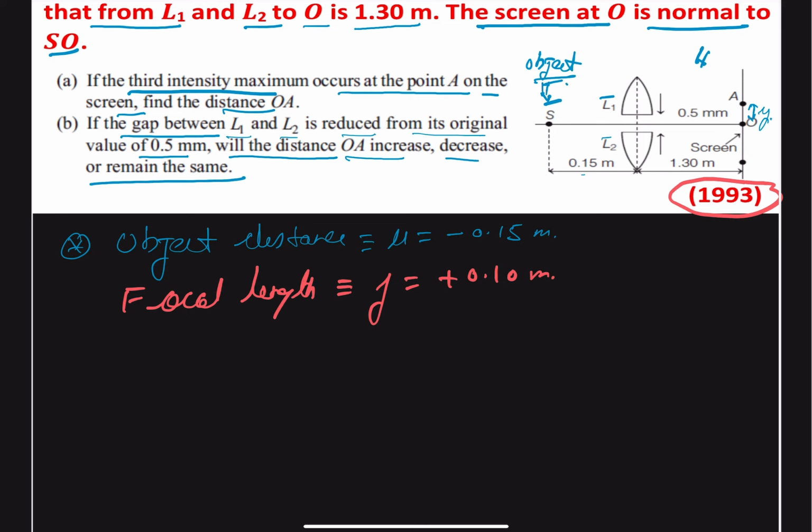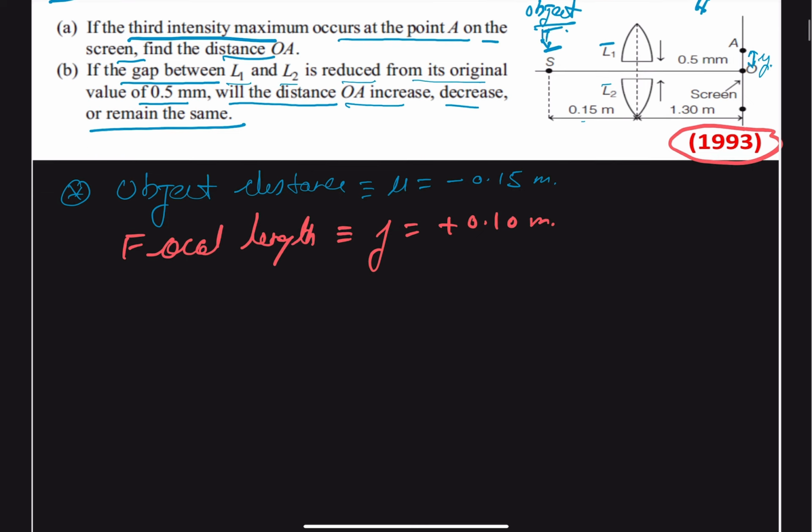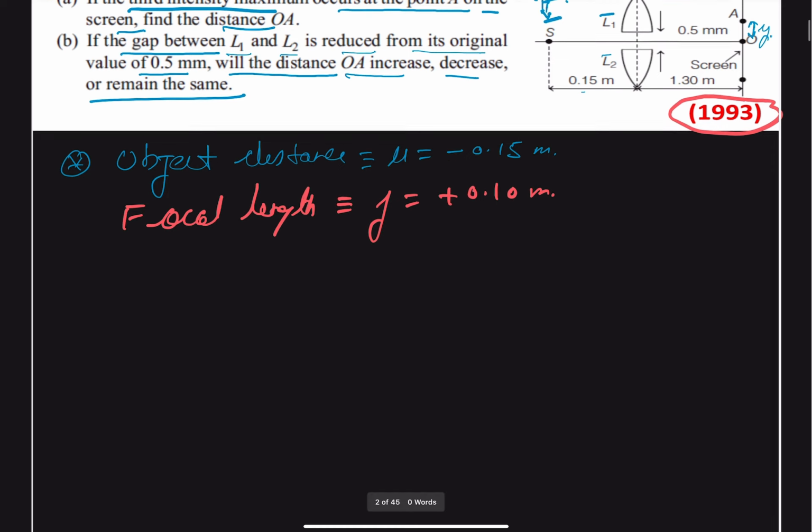Based on this, using the lens formula, we can find out the position of the image.